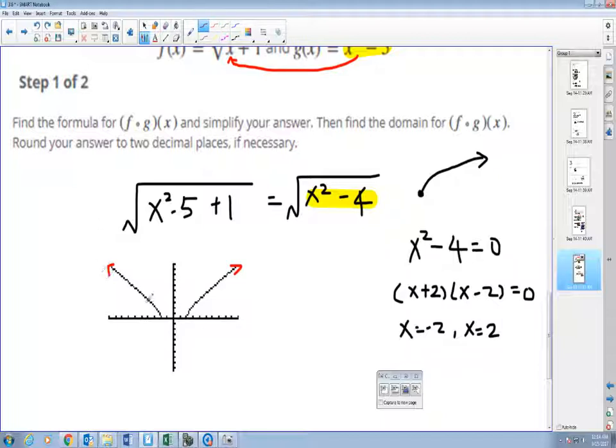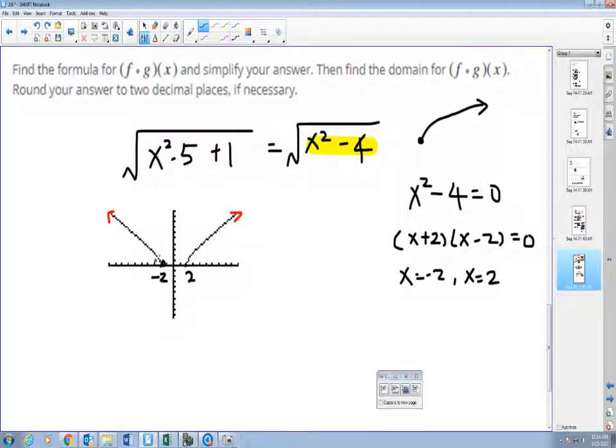So coming from left to right, this has got to be my negative 2, and this has got to be my positive 2. Alright, is it okay to have positive 2? Yes, it does not make the whole thing negative. So the negative 2 and 2 are actually on the line. It's part of my graph.